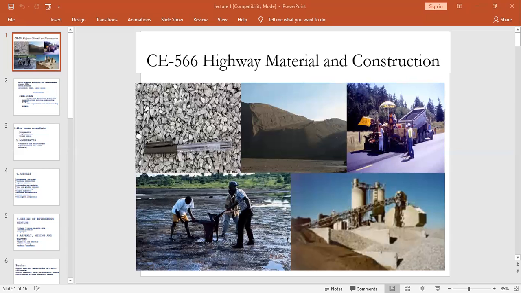If the density of the core is within 98 to 99% of what your design targeted, then your road is good. And if it is not, then we have to tell your contractor that he has to lay that asphalt concrete again.